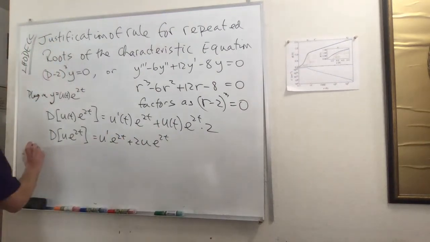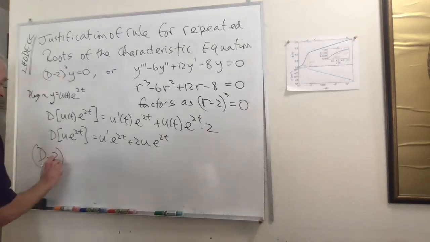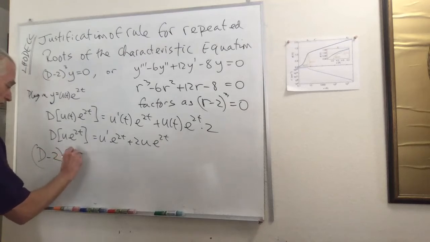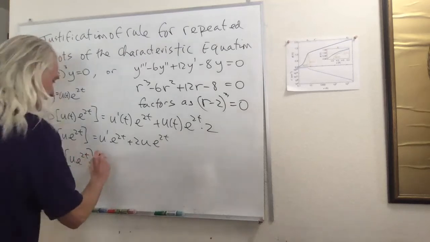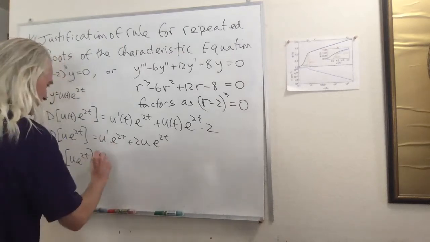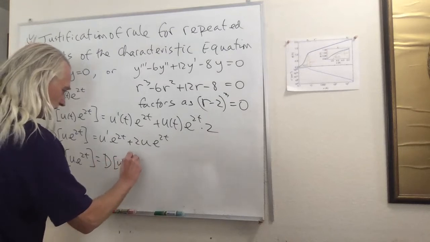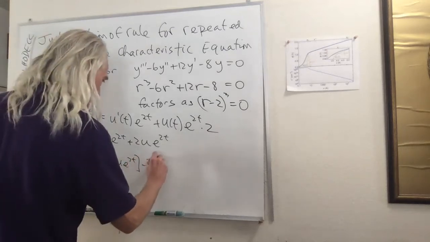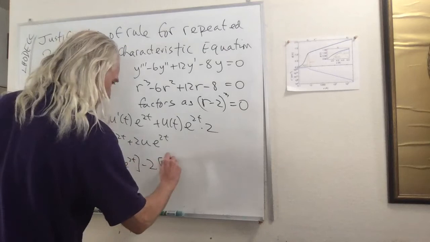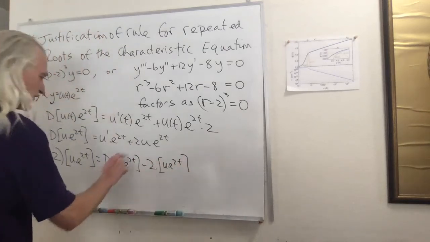So suppose I take D minus 2 acting on u e to the 2t. Let's write it out. The first thing is D acting on u e to the 2t minus 2 times u e to the 2t. That's just multiplication, but this is derivative. I've already done that.